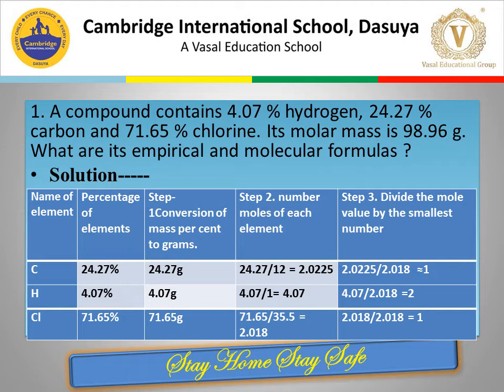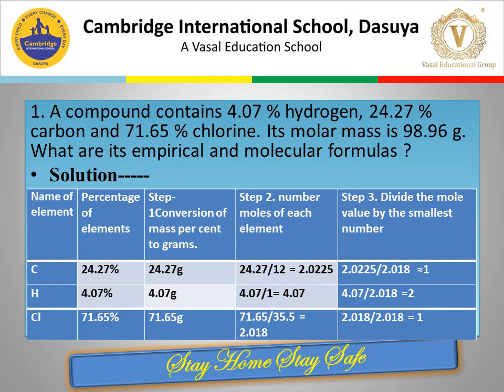Similarly, for hydrogen, dividing the mass by molar mass gives the number of moles as 4.07, and in the case of chlorine, dividing the mass by molar mass gives the number of moles as 2.018. Now this has to be converted into simple ratios.